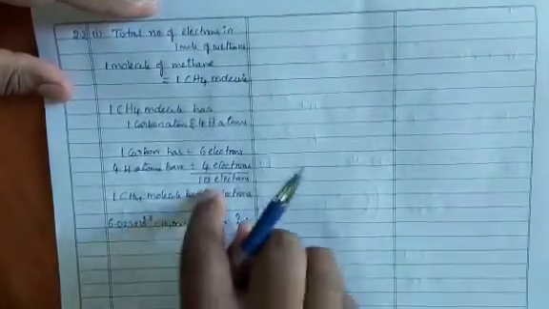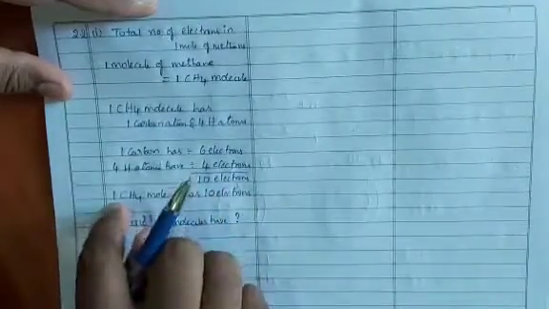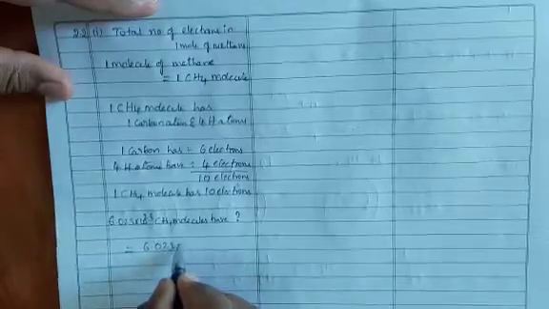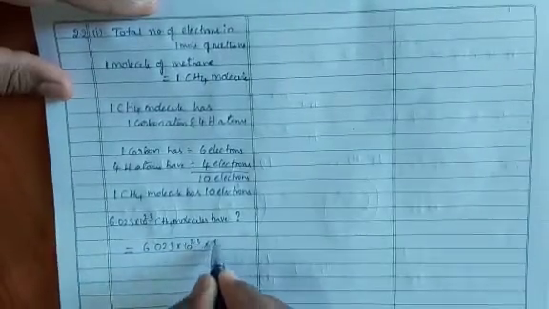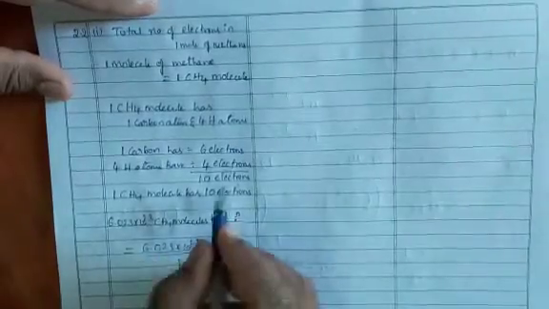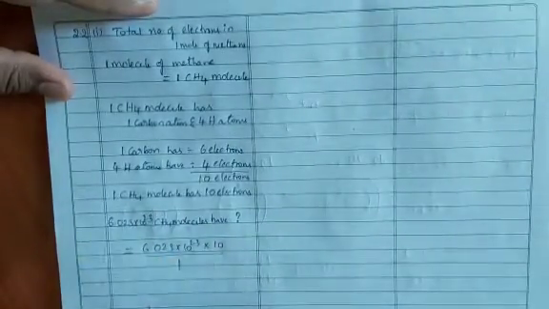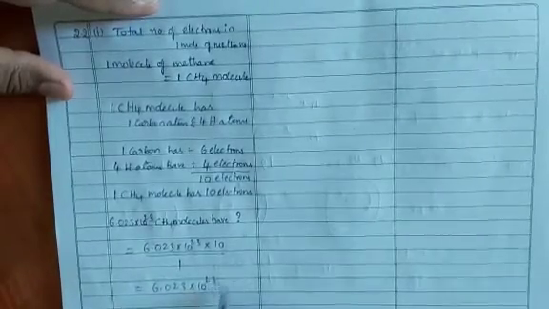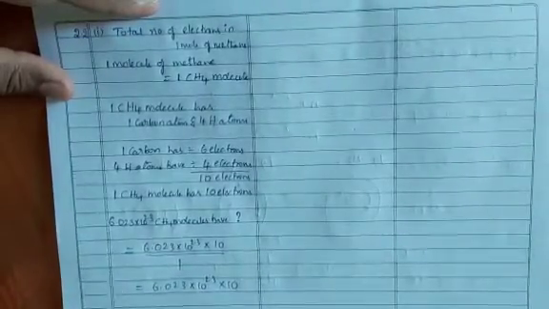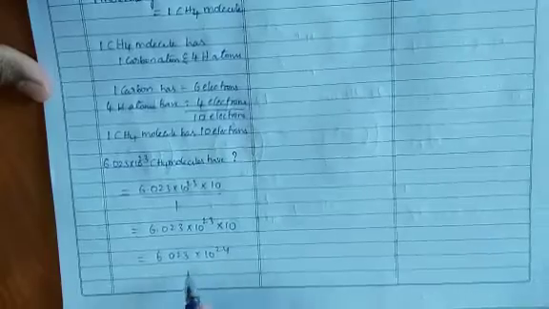These two must be multiplied, divided by 1. So this is equal to 6.023 into 10 power 23 into 10 divided by 1. This is equal to 6.023 into 10 power 24 electrons.